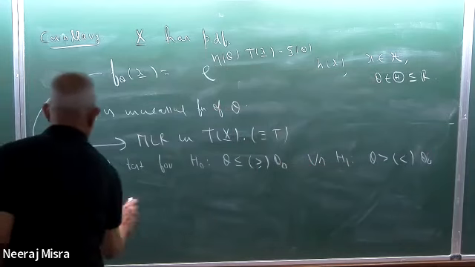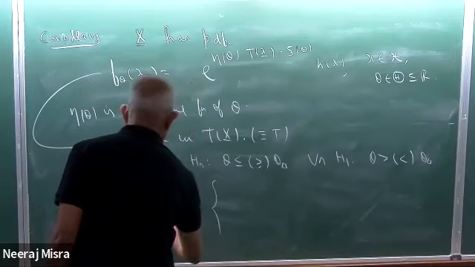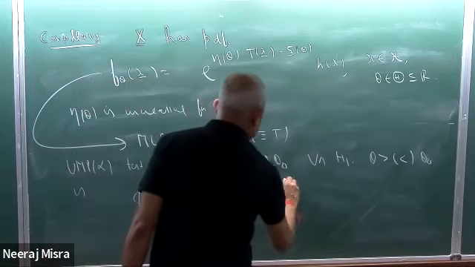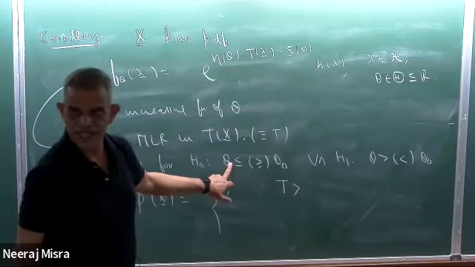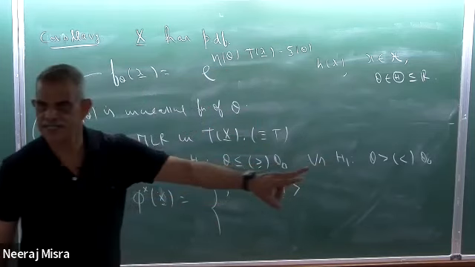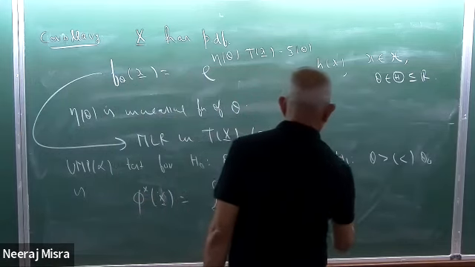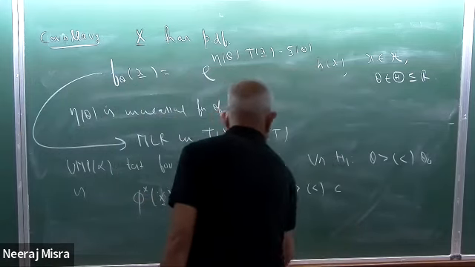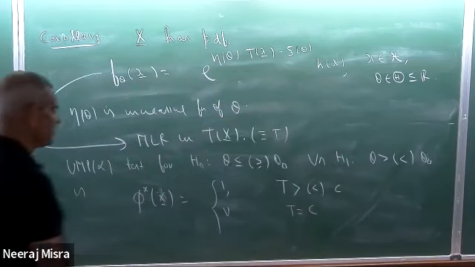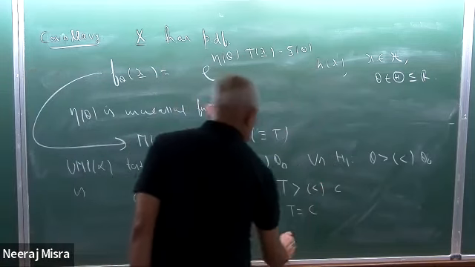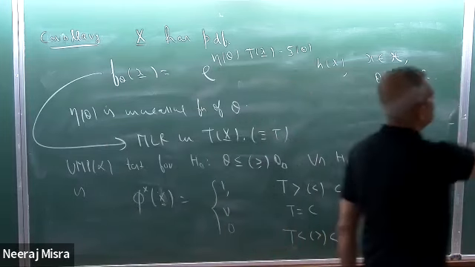The test phi star X is 1 if T is greater than C, in the situation outside the bracket. That means when theta is less than or equal to theta naught against theta greater than theta naught, and less than in the other situation. It is gamma if T is equal to C in both cases, and 0 if T is less than, or greater than, C.